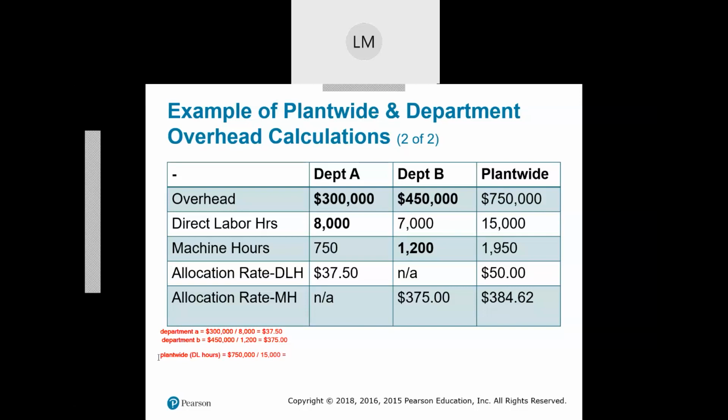And let me just get my calculator out here just to make sure that the numbers are right. 750,000 divided by 15,000, and we get a $50 allocation rate per direct labor hour, if we use a plant-wide rate and just have one rate with which we're allocating all overhead.